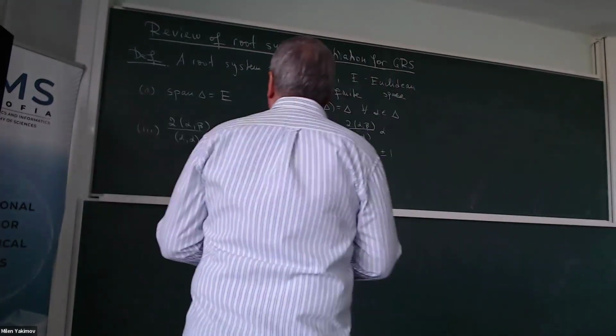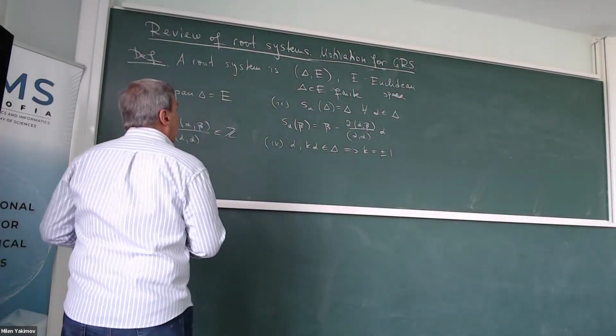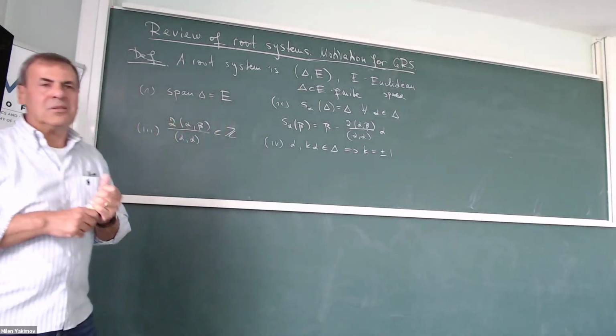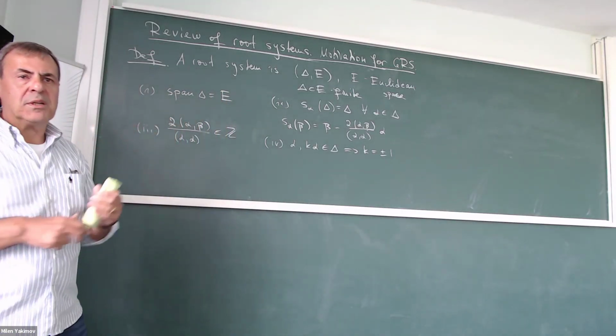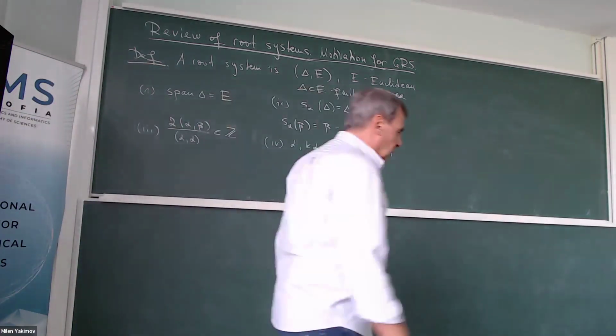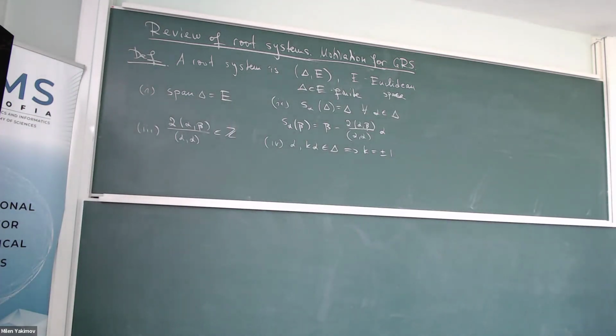I'm not sure exactly about the history of who put what where, but root systems were essentially introduced by Killing for the classification of Lie groups at the time.